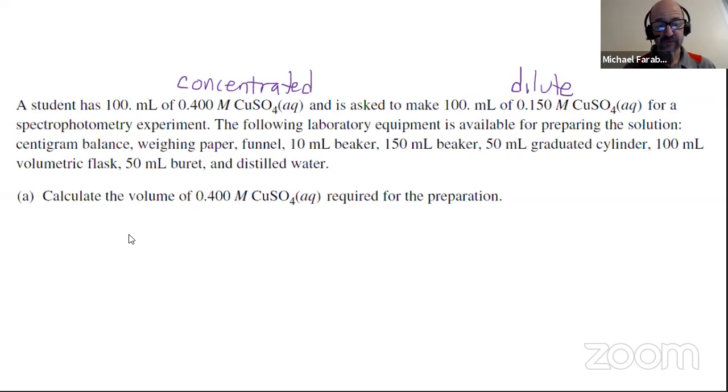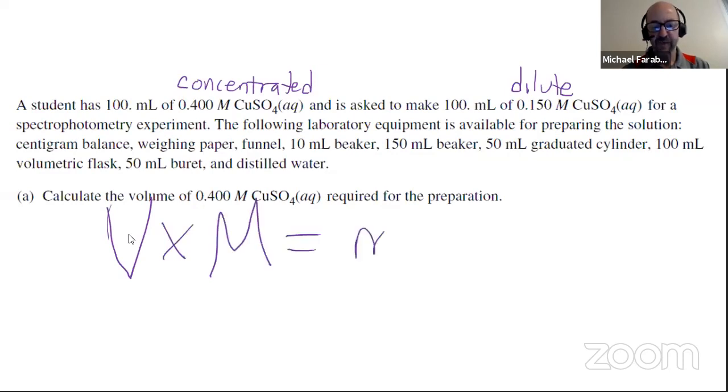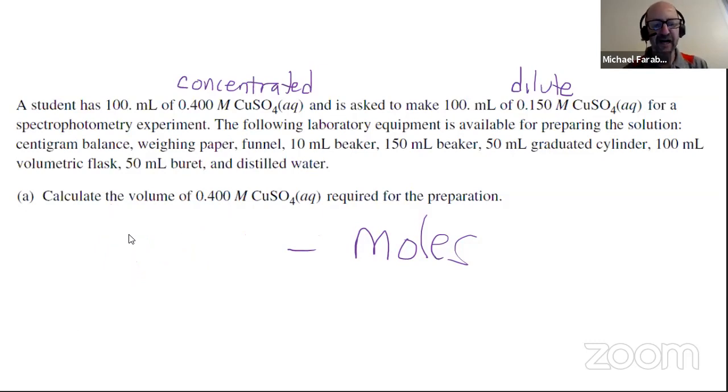You should know that when you are given volume and molarity, volume times molarity equals moles, assuming that your volume is in liters. Okay, so we're going to calculate the volume of this concentrated solution that is required to prepare the dilute solution.